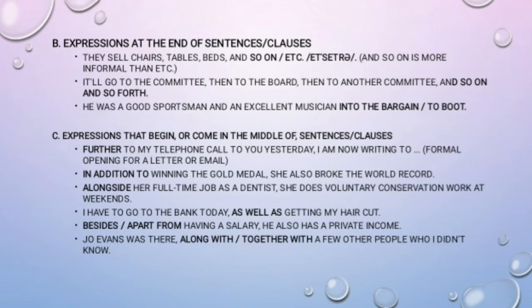Serta penggunaan so on dalam kalimat tersebut sifatnya lebih informal daripada etc. C. Expression that begin or come in the middle of sentence or clause, yaitu pernyataan penambahan yang terletak di awal dan di tengah kalimat.